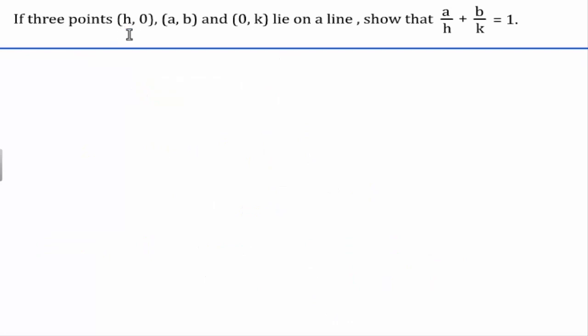In this question, the 3 points h, 0, a, b and 0, k are collinear. Then we need to show a by h plus b by k is equal to 1. Let us see the solution for this.